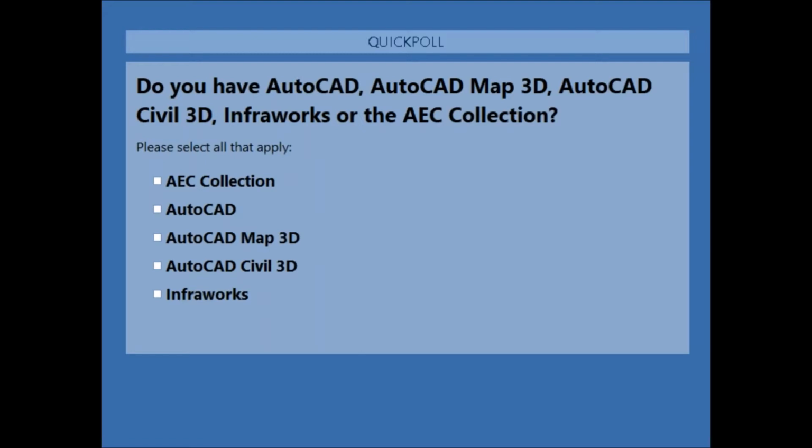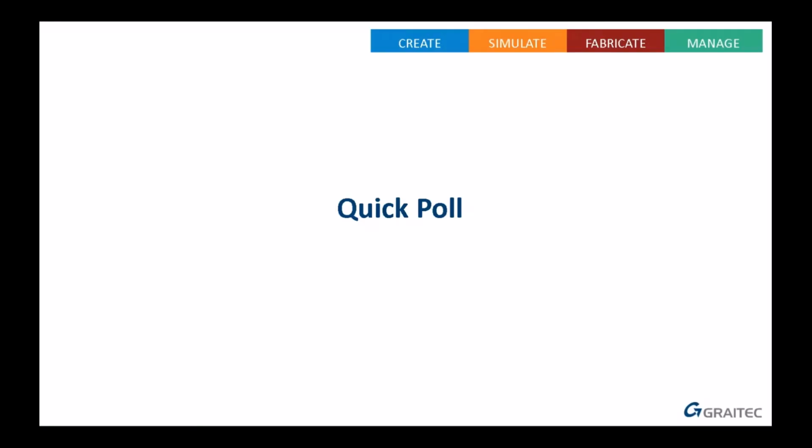If you have the AEC collection, you don't have to click any of the others. If you only have AutoCAD, click AutoCAD. If you only have Map 3D, click Map. And if you only have Civil 3D or InfoWorks, click them respectively. Most of you are going for the AEC collection. Most of you have voted, a couple not, but we'll close it now.